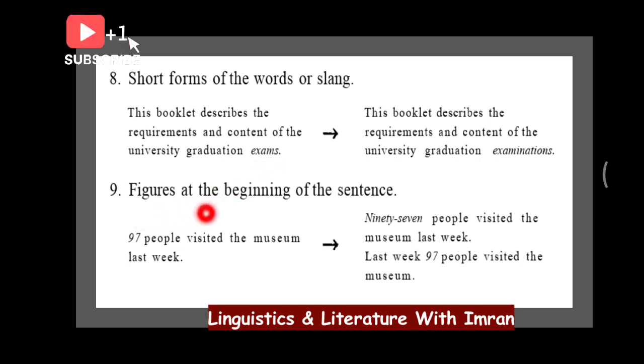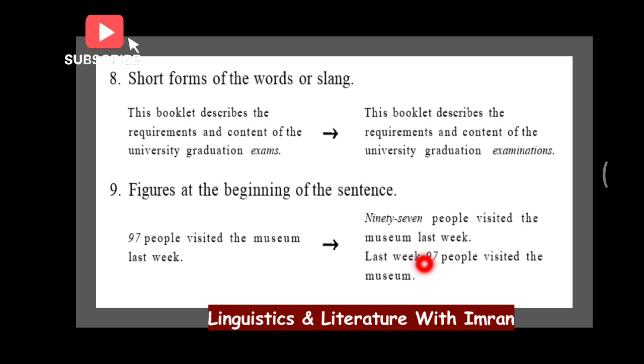Figure at the beginning of sentence: 97 people visited the museum last week. So we say "97" instead of this "97." 97 people visited the museum last week, or last week 97 people visited the museum. If you want to mention the figure 97, it should not be written at the beginning, rather it should be placed in the middle.